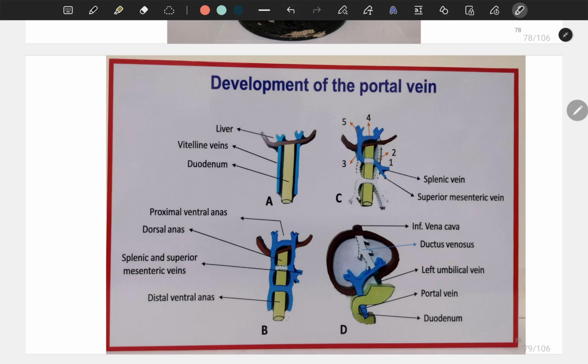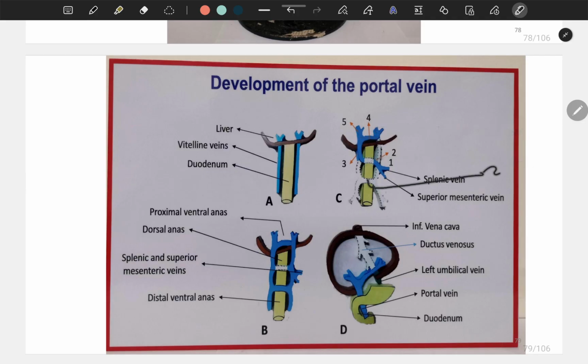Okay, so this part, above, is called cranial ventral anastomosis. This is called middle dorsal anastomosis.